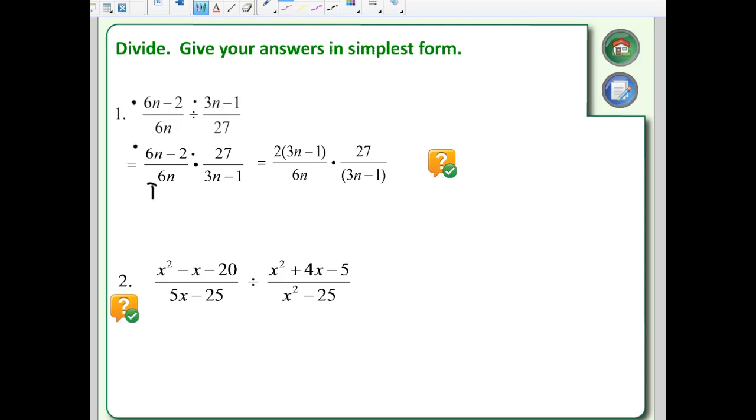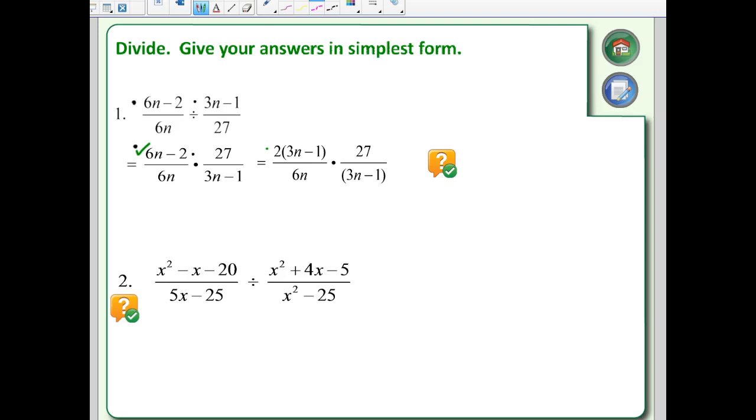So keep, change, flip. Then I've got to look at each one and go through my factoring honey-do list. The very first numerator has a GCF, so I factor out a 2, and I'm left with 3n minus 1.